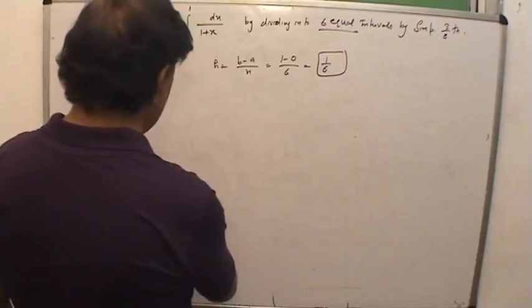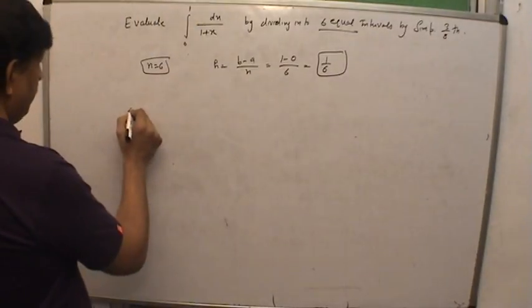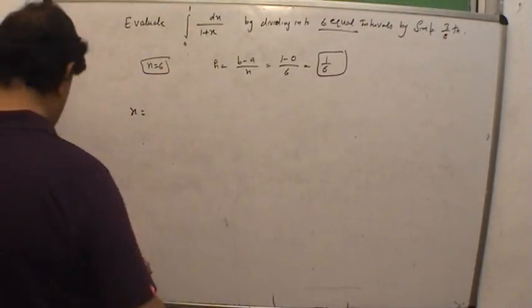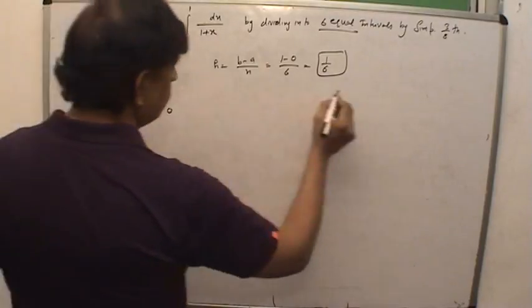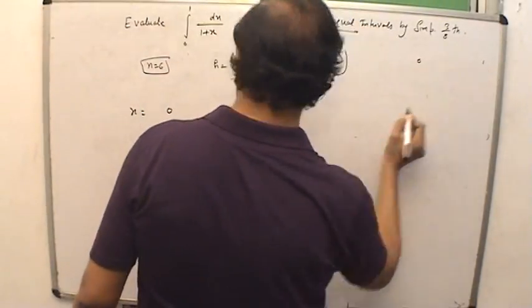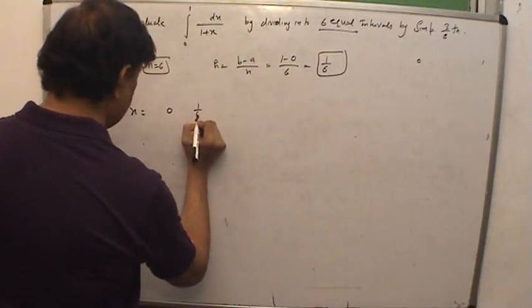That is, say x is equal to, we start with 0, we have to go from 0 to 1. Next value 1 by 6.